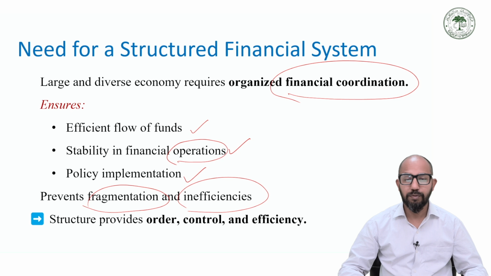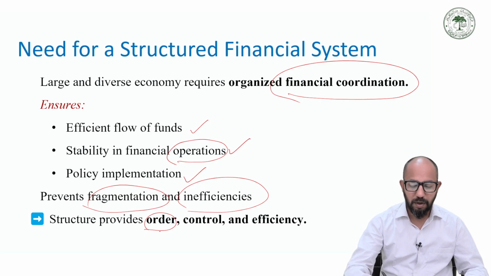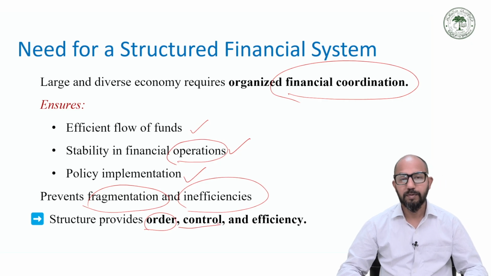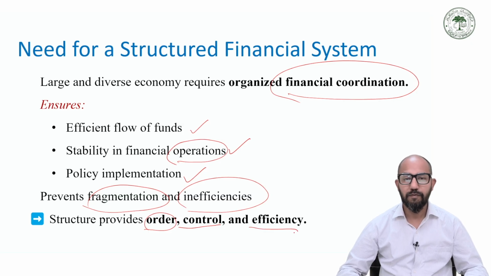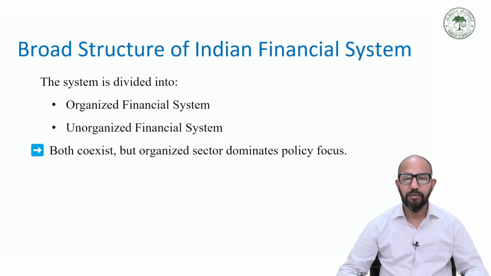Therefore, we need to understand that structure in a financial system provides order, that is rule of law, control, that is monitoring is possible, and efficiency, that is flow of funds in those areas or towards those sectors where return is good. Let us now try to understand and decipher the broad structure of the Indian financial system.